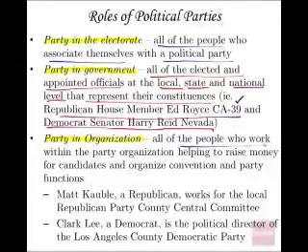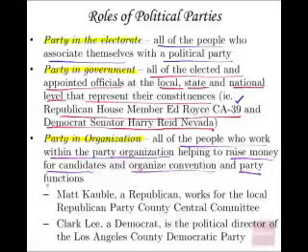These are all the people who work within the party organization, helping to raise money for candidates and organize conventions and party functions. Two individuals that would fit this mold would be one individual by the name of Matt Cobble. I actually know this individual.